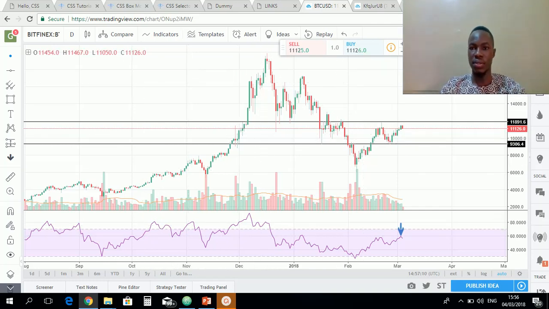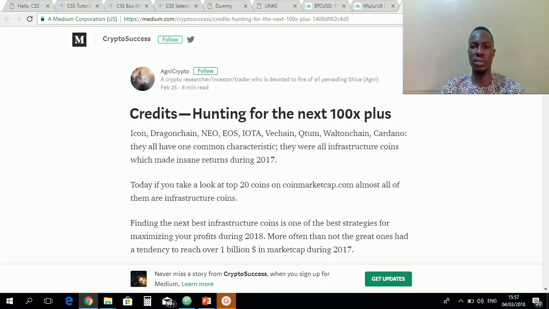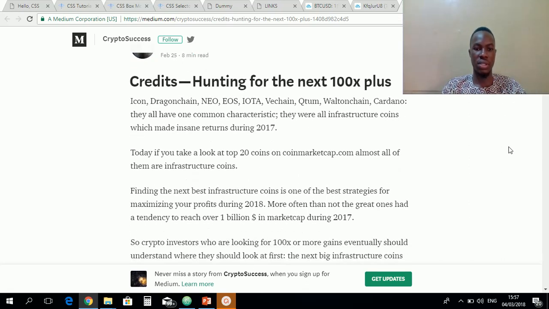So let me show you the infrastructure based token I was telling you about. I came across this article and I thought I should share it with you guys. "Credit, hunting for the next 100x plus. Icon, Dragon Chain, Neo, EOS, IOTA, VeChain, Qtum, Walton Chain, Cardano, they all have one common characteristic, and they are all infrastructure coins which made insane returns during 2017.